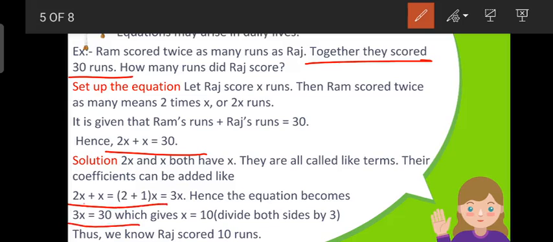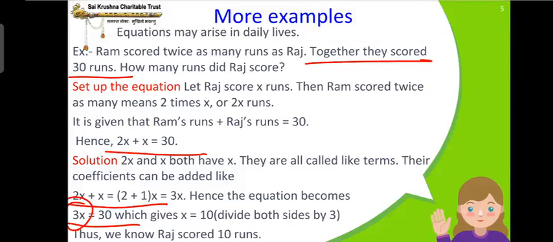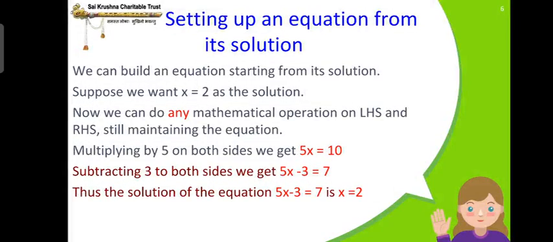So x is equals to 10. Why do you have to divide it by 3? Because it is 3 into x. So the x value is 10. Therefore, Raj scored 10 runs and Ram scored 20 runs. When you add 10 plus 20, it is 30 runs.